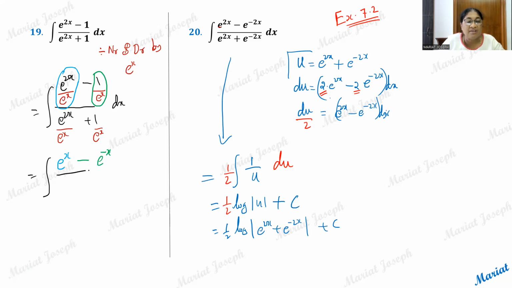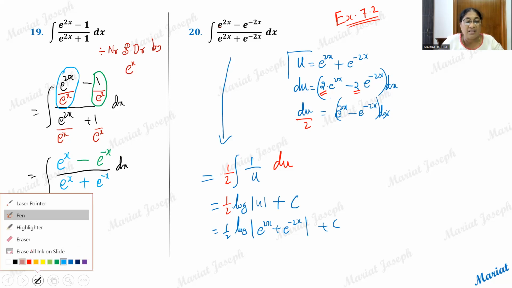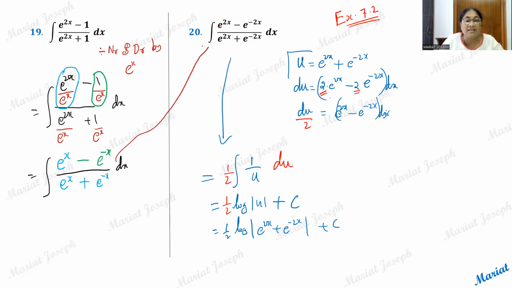So, same thing will happen in the denominator also. E raised to the power 2x upon e raised to the power x is e raised to the power x plus 1 upon e raised to the power x is e raised to the power minus x. Yes. Look, has it become something like this? The question number 20, it has become similar to that. So what do we do?